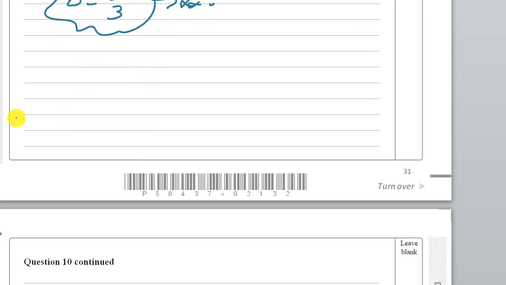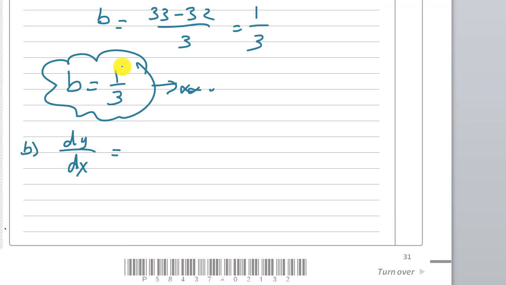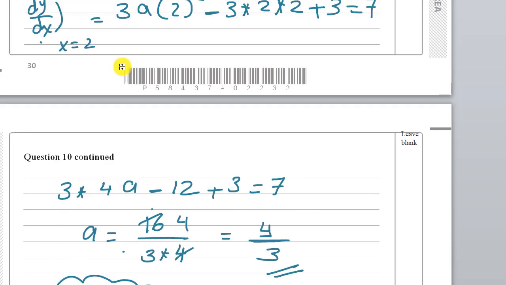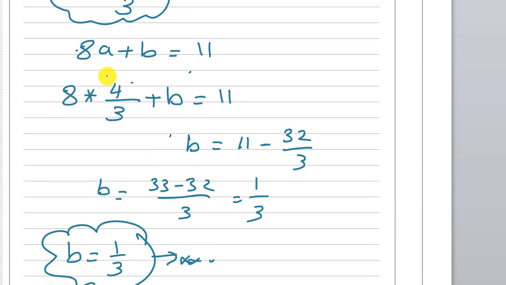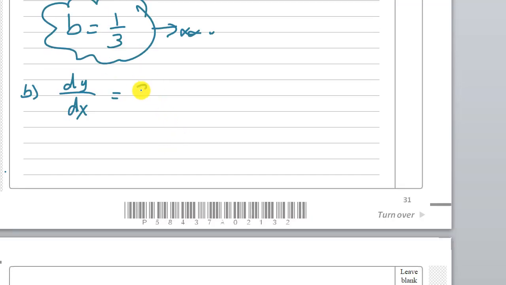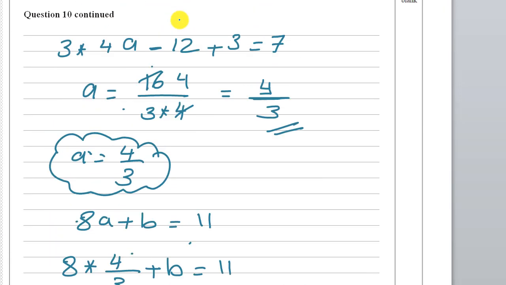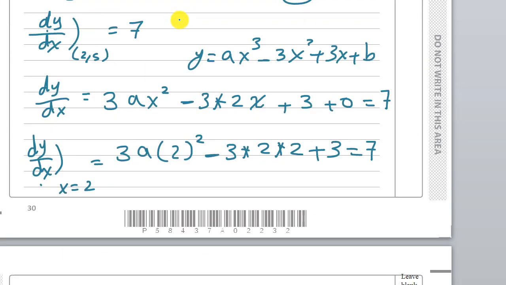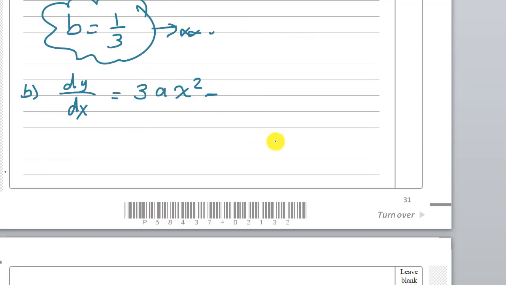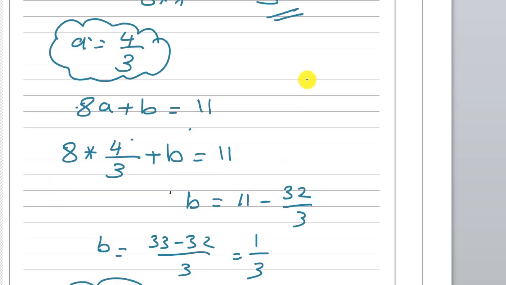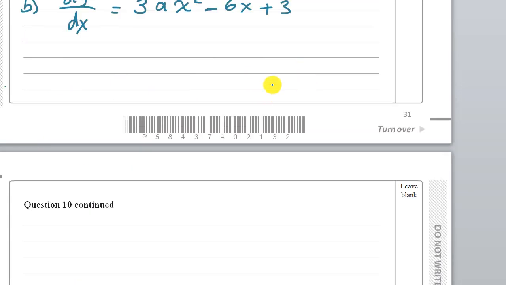This is part b. dy by dx equal to 3ax squared minus 6x plus 3. a is equal to 4 over 3, so this value is equal to 0.